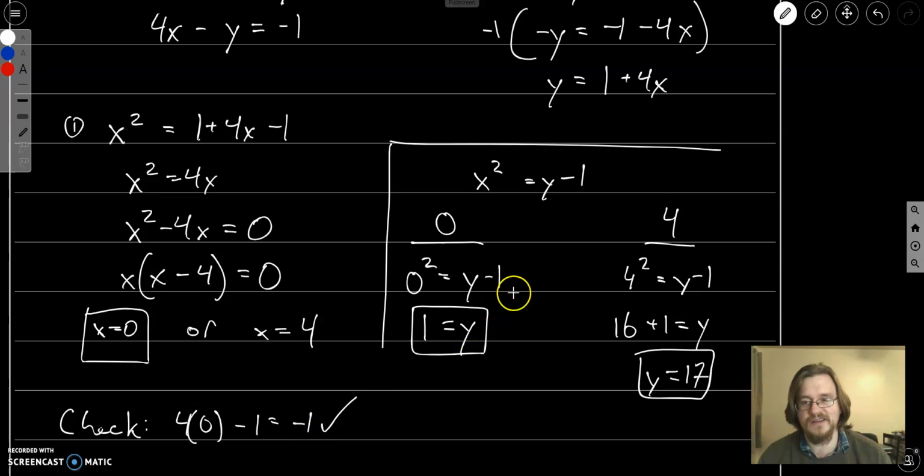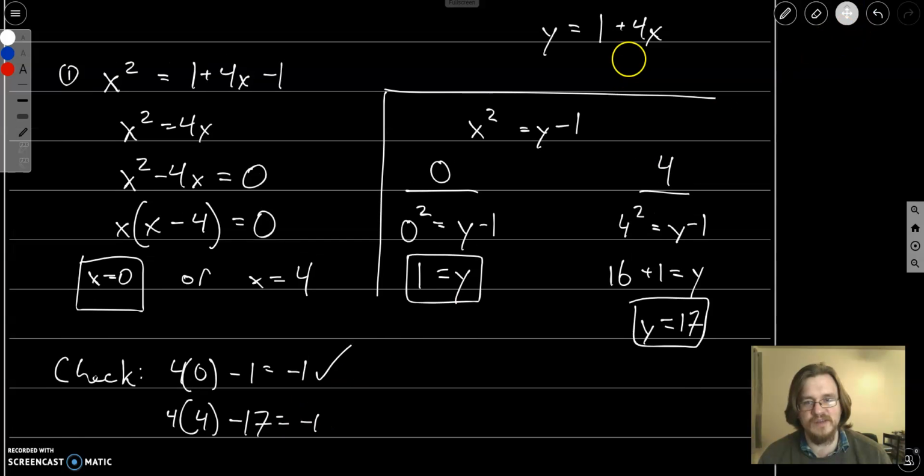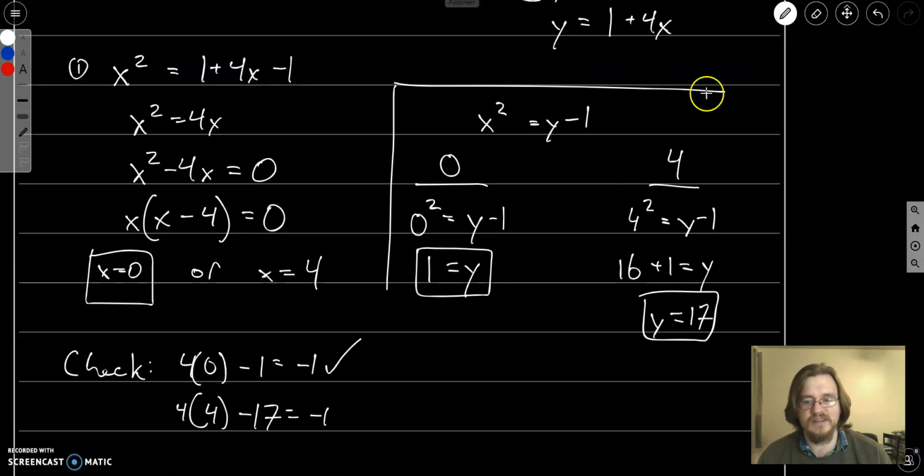Minus 1 is negative 1. Oh, that works. The next one, if I take 4 times the second solution for x, minus what I know y is, I get 4 times 4 is 16 minus 17. Oh, that's also equal to negative 1, which it should be.